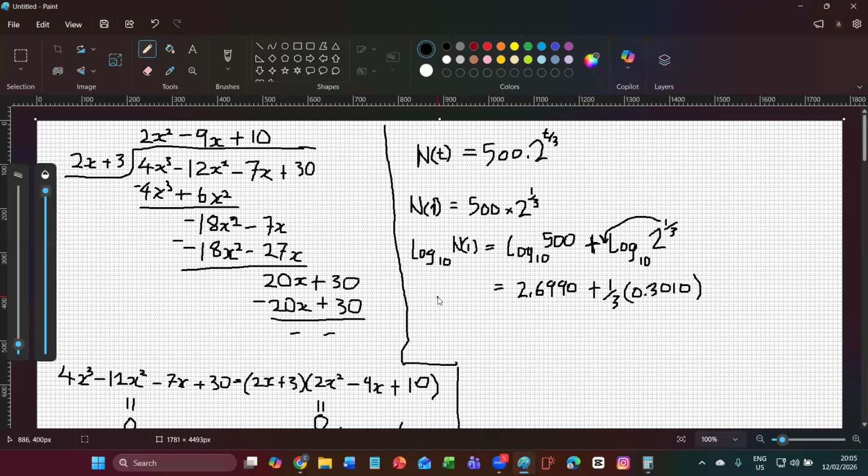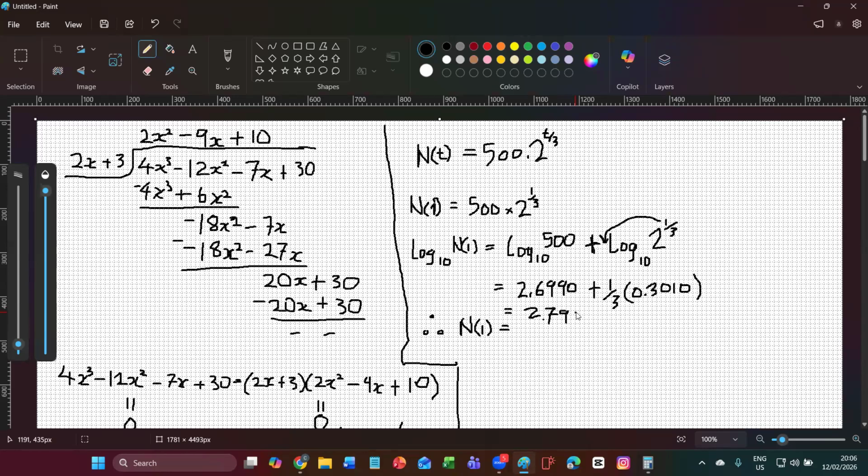So tell me, what values do you have? I'm getting 2.7993.